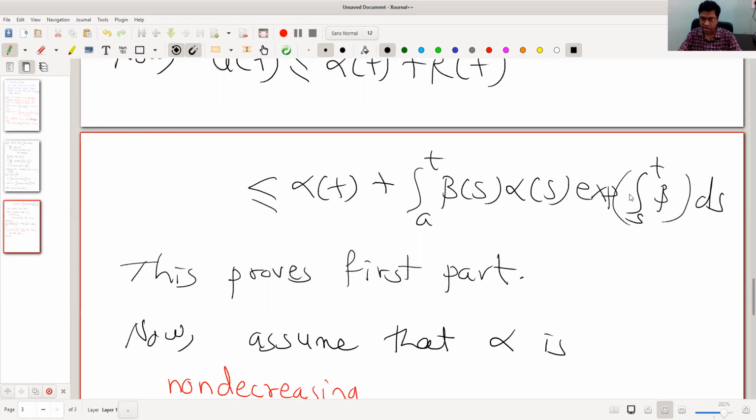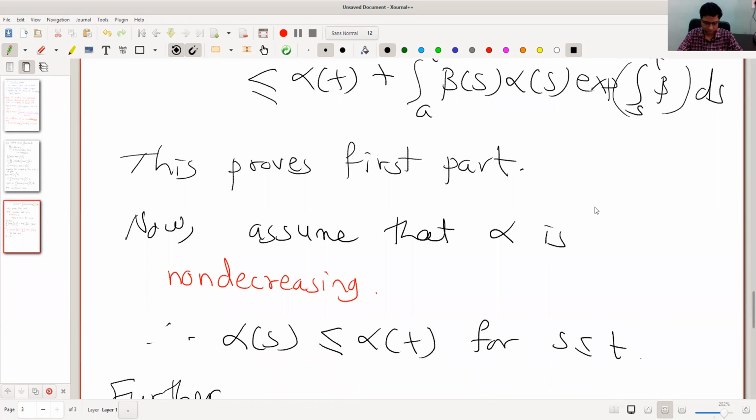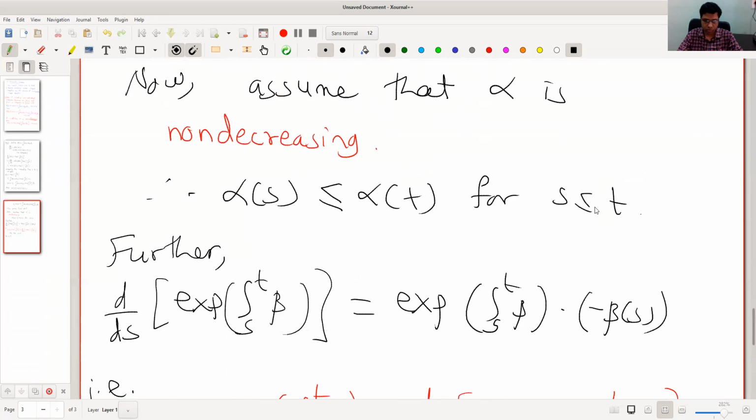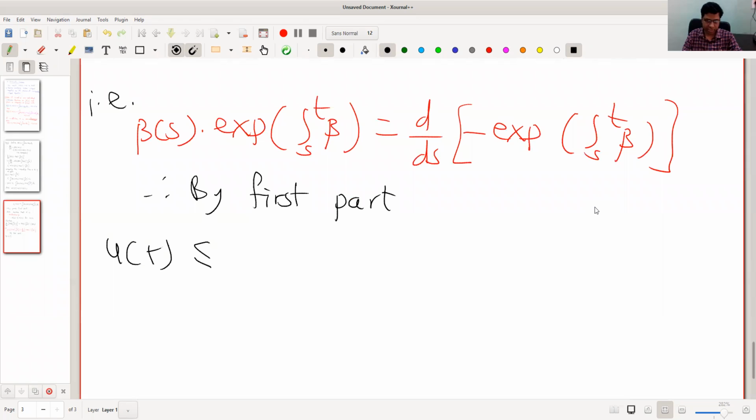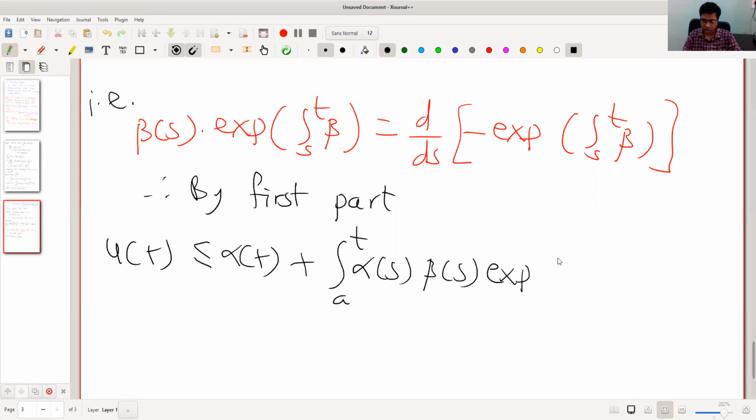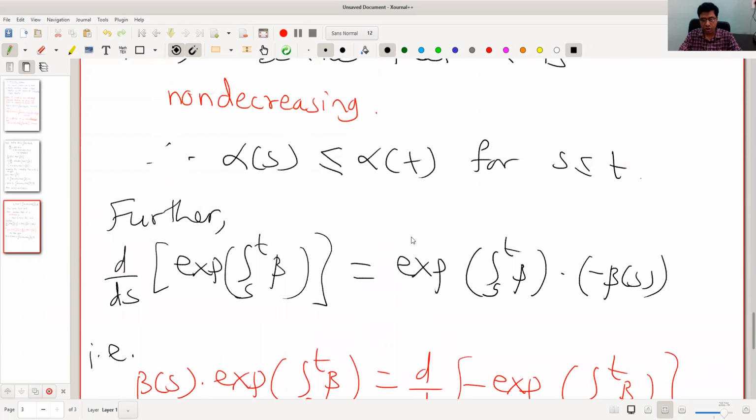Okay, let us rewrite this inequality and then use what we are getting. Okay, u of t is less equal alpha of t plus integral from a to t alpha of s beta of s e raised to integral from s to t beta ds. Okay, now given thing is alpha is non-decreasing.